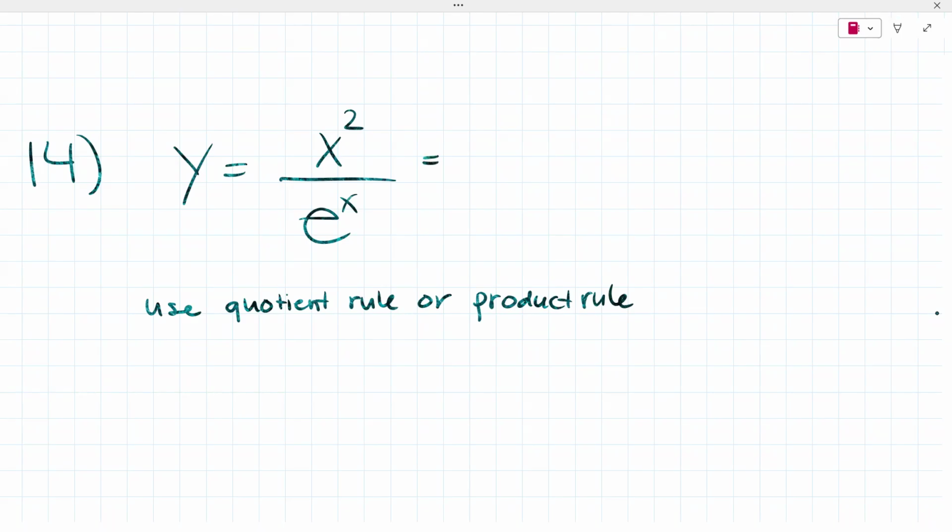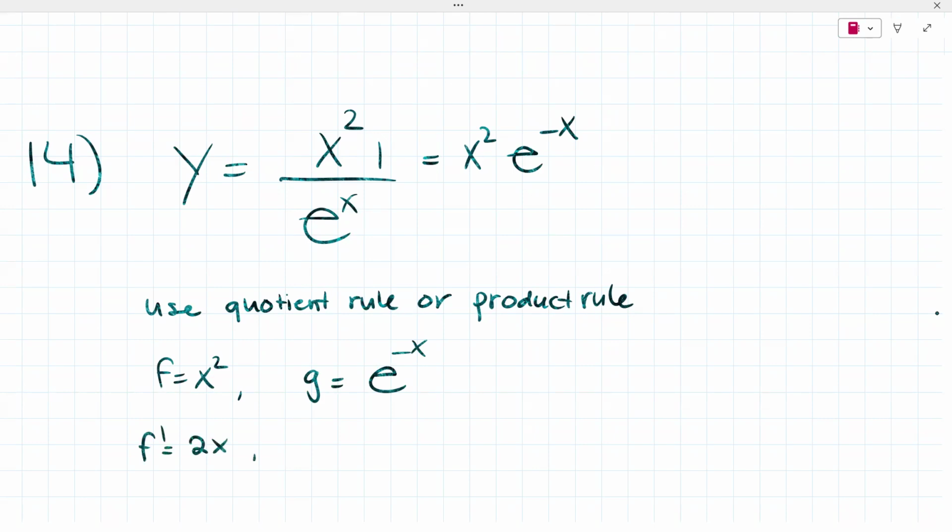So I can rewrite this problem using a negative power, so I'm going to leave x squared alone. But how would I rewrite 1 over e to the x as a negative power? Yes, it would be e to the negative x. So I'm going to use the product rule and figure out my f and my g. My f is x squared, my g is e to the negative x, and then my f prime is 2x.